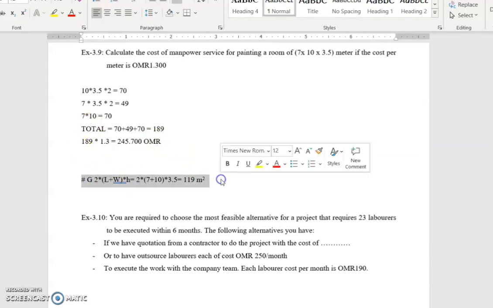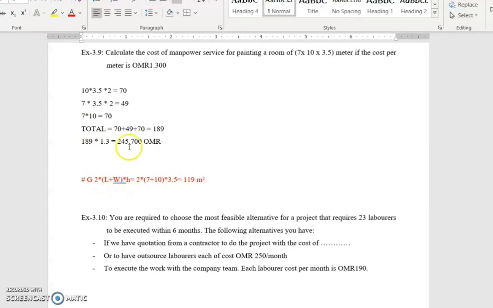As I told you, we can use this one also, but I don't prefer it. I like to detail and pinpoint each item, how many square meters, and this way we can say at least that the ceiling cost will be like this and the wall cost like this.